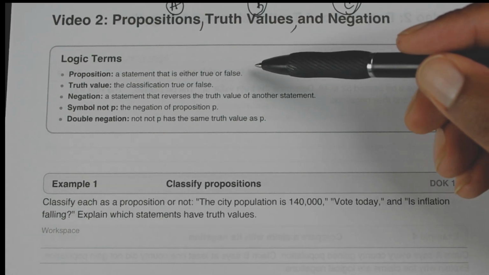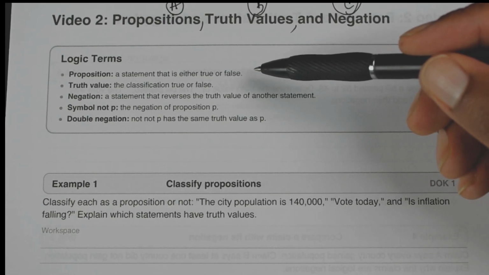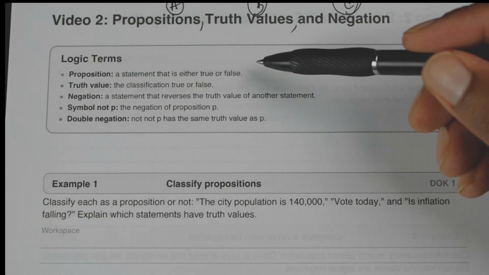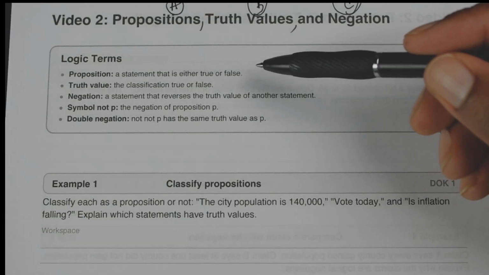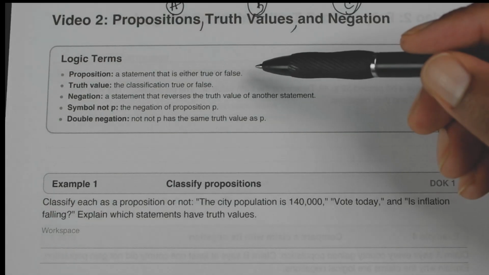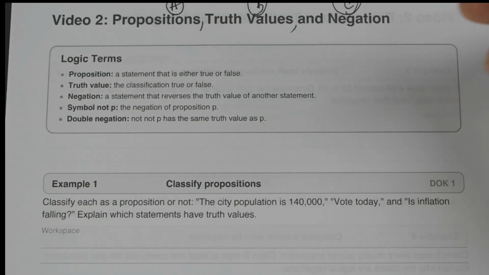Notice how that doesn't have a true or false value, because that's essentially a command. Can you please clean your room? Or even if I said go clean your room, which would be a statement. So it could be formed as a question or a statement, but it does not have a truth value system. It does not have a point system like true or false.